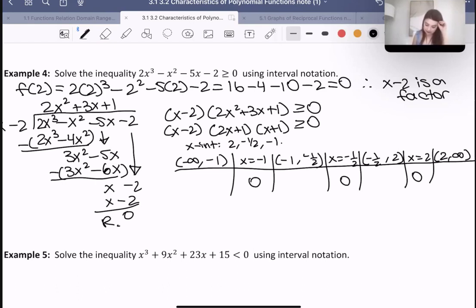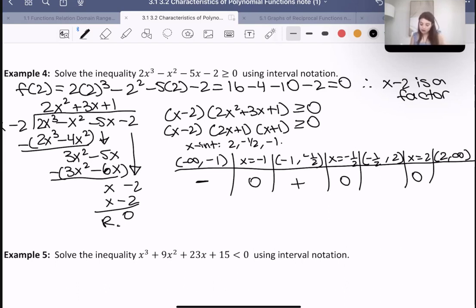Okay, so keeping that in mind, let's plug in something from negative infinity up to negative 1. So let's plug in negative 2 here. If we do that, we are going to end up with something negative overall, so negative. What about something from negative 1 to negative 1/2? So something like negative 3/4, which is an awkward number. But if we do that, we're going to end up with something positive there. Okay, so plus.